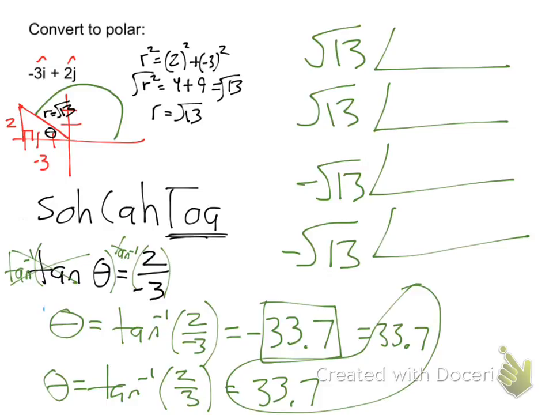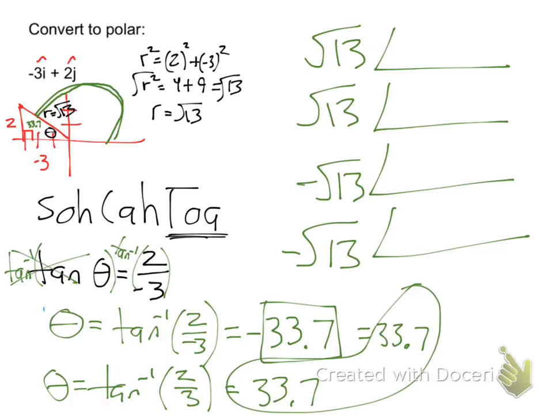I'm starting on the positive x-axis and going to the point where I stop when I hit that line. That's a positive direction. How far did I go? And how do I figure out that angle? What do you know theta is? It's 33.7. I kind of squeezed it down on my drawing there.